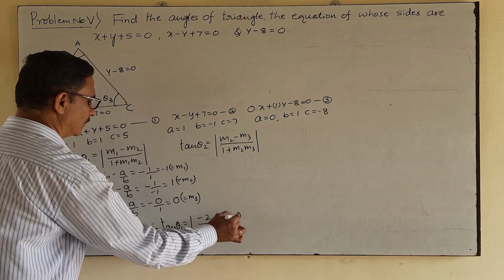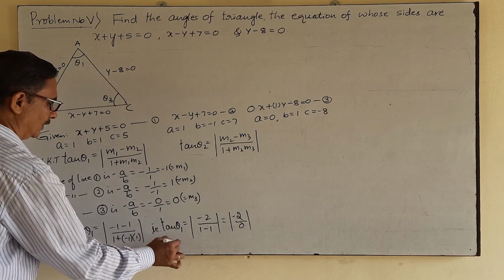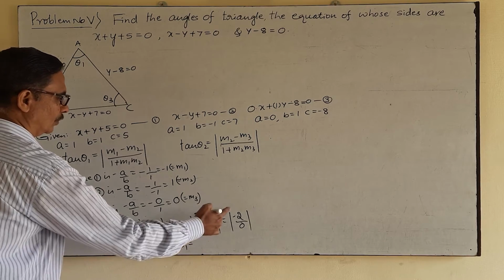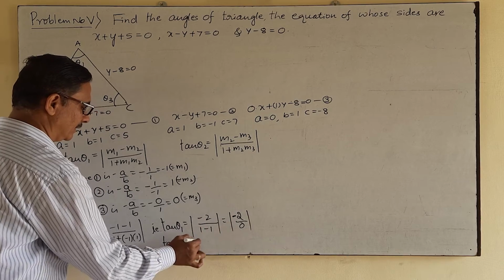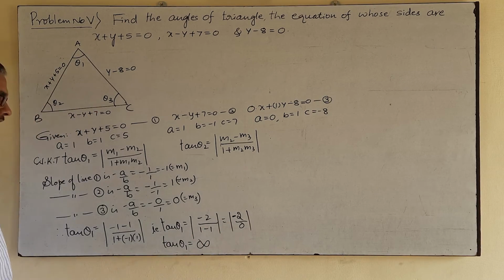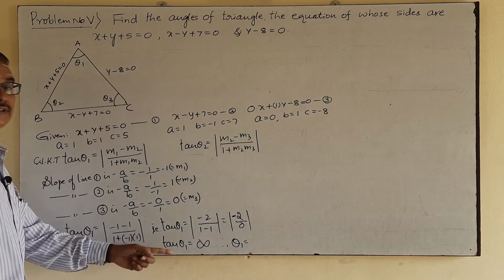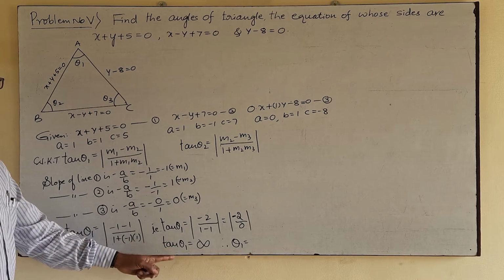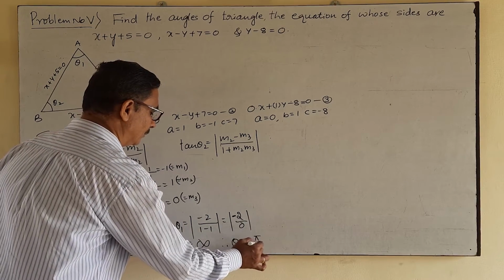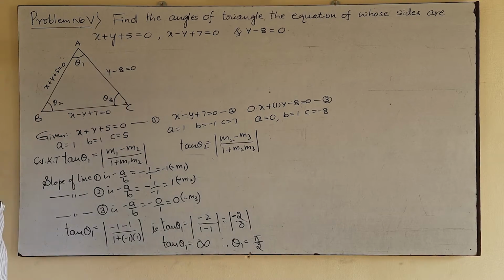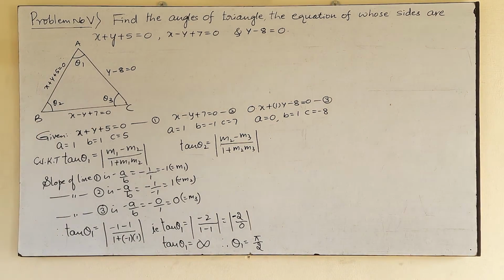That is modulus of minus 2 by 1 minus 1, which is 0. So tan theta 1 is equal to any number divided by 0, not defined, that is infinity. Therefore the angle theta 1 is a standard angle. We know tan of theta 1 is infinity, so theta 1 is pi by 2, 90 degrees, because tan of 90 degrees is infinity. We got one angle.